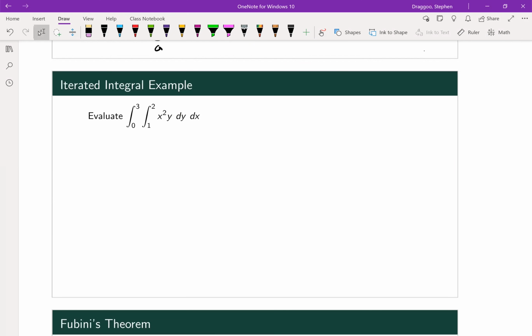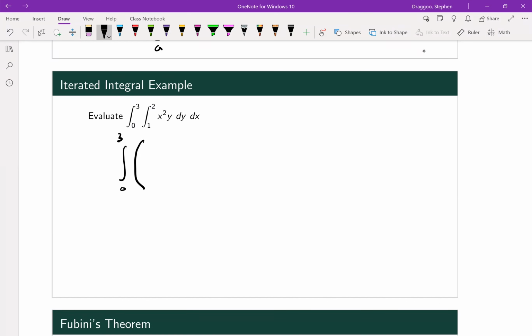So evaluating the iterated integral from 0 to 3 in the x direction and 1 to 2 in the y direction of the function x squared y. So we'll start by just doing the integration in the middle, where we're going to want to integrate x squared y with respect to y.